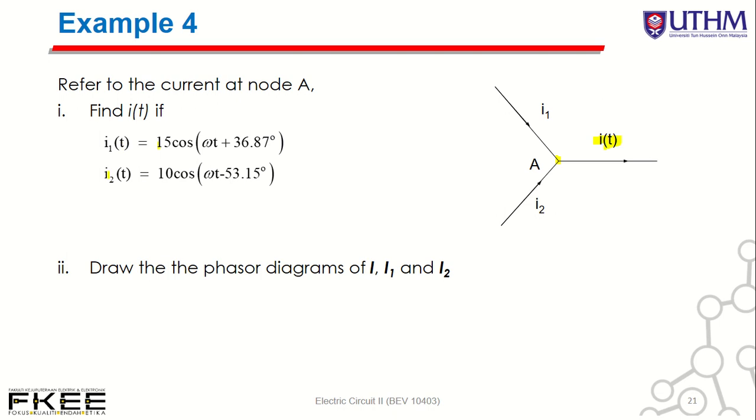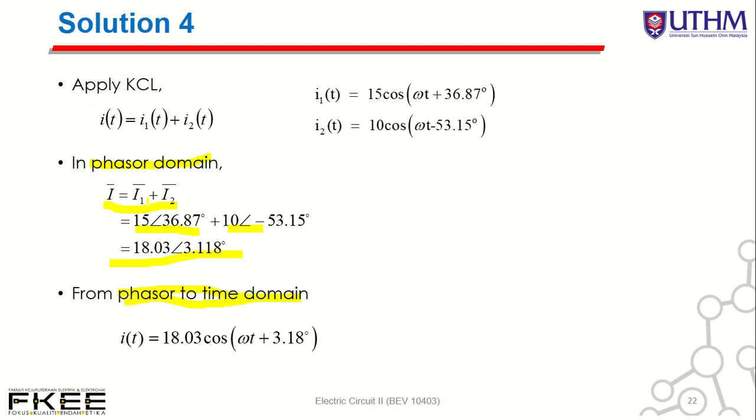First, you need to convert to polar form, and then you can add this polar form, and then you got the polar form, and then you can convert to time domain. Okay, polar form or phasor form, call it a phasor form, phasor domain. Okay, then you can convert to time domain.